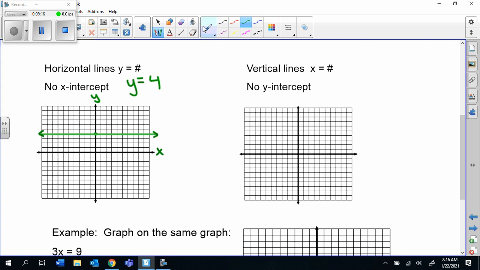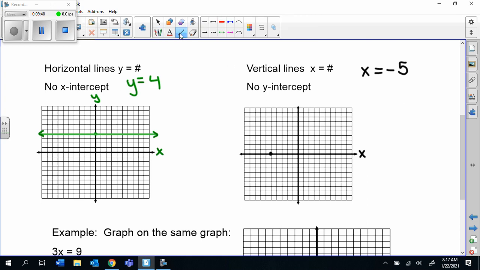Over here, the same idea in reverse. Vertical lines are x equaling a number. For instance, x equals -5. Here's our x-axis. Let's go left, 1, 2, 3, 4, 5.